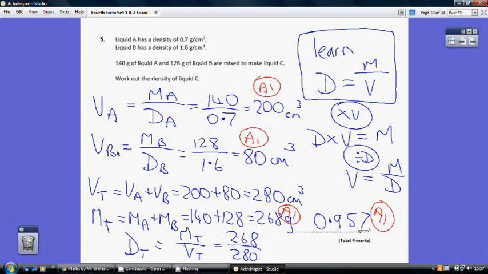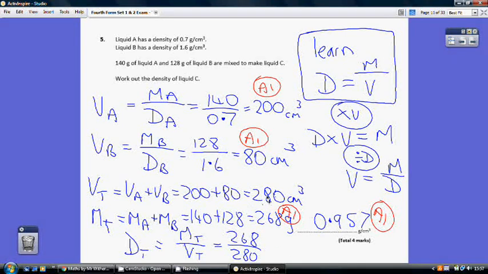My volume for B is the mass of B divided by the density of B, so 128 divided by 1.6, which is 80. So the volume of A is 200, the volume of B is 80, so my total volume is 280 centimeters cubed.